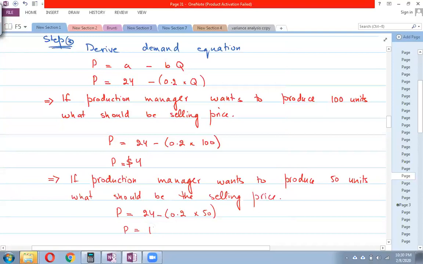It should be 14. So you see, when you are selling less, then you can sell it more expensively, right? We can sell 50 units at $14, right?